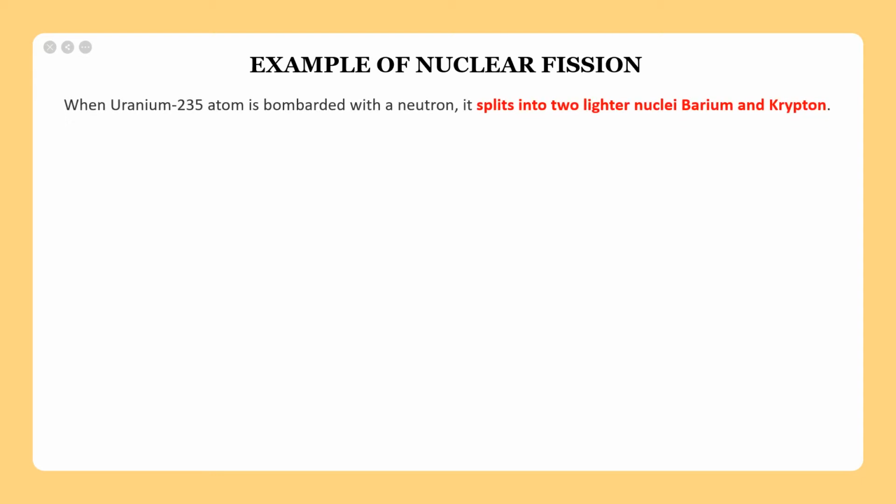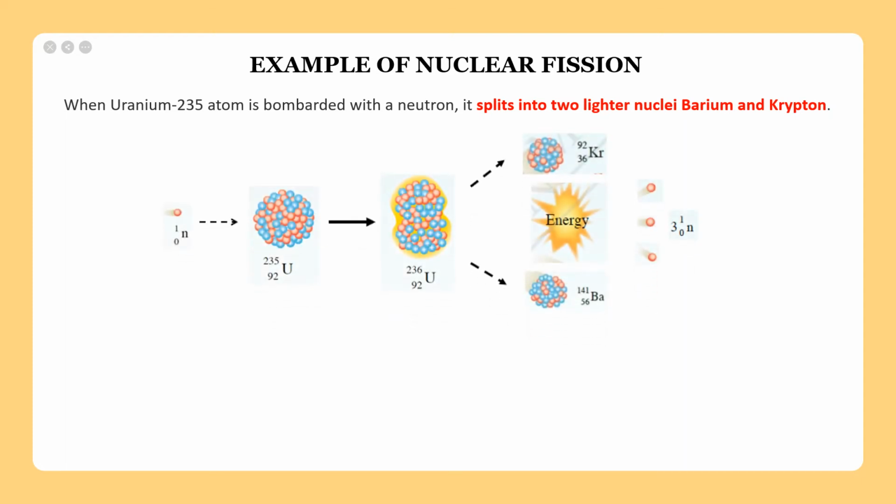Let's take a look at a few examples of nuclear fission. As I have explained before, when a uranium-235 atom is bombarded with a neutron, it splits into two lighter nuclei, barium and krypton, and at the same time releases 3 neutrons and 210 MeV of energy.